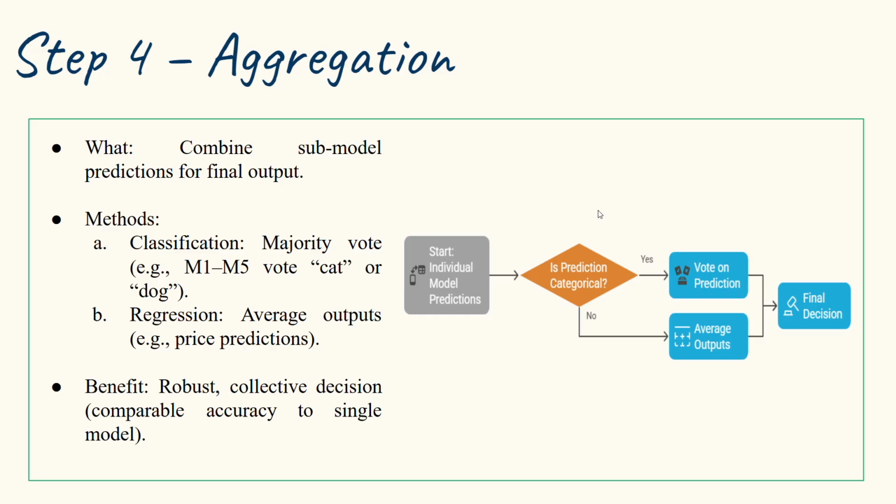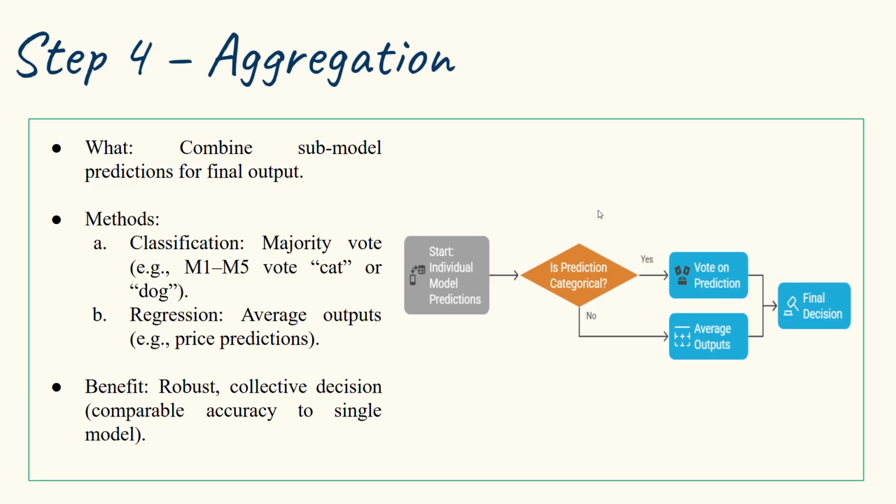Next step is Aggregation, putting it together. Now let's put it together with the aggregation. We have 5 submodels. How do we make a final prediction? Simple, they vote. Say we show them a new photo. M1 says it is a cat, M2 says it is a cat, M3 says it is a dog, M4 says it is a cat, M5 says it is a cat, majority says cat.